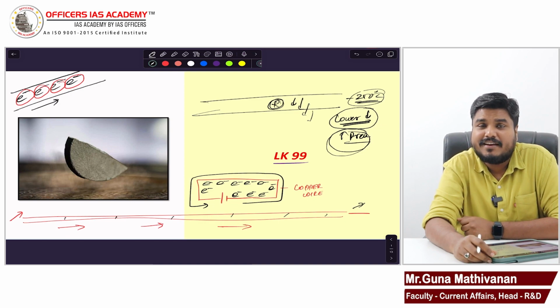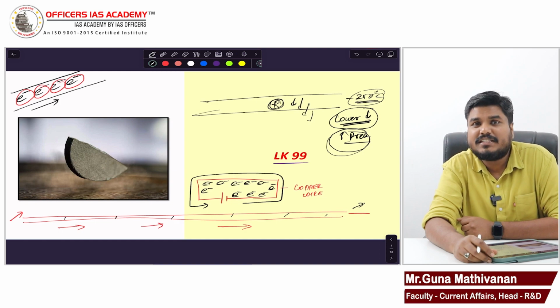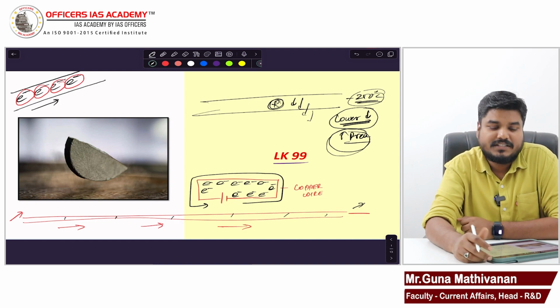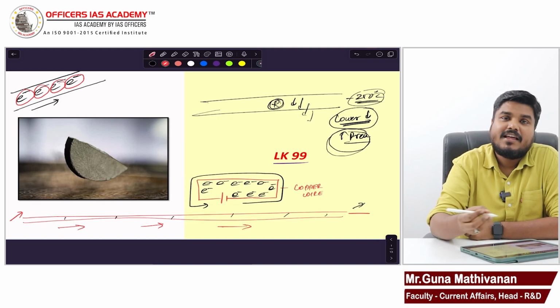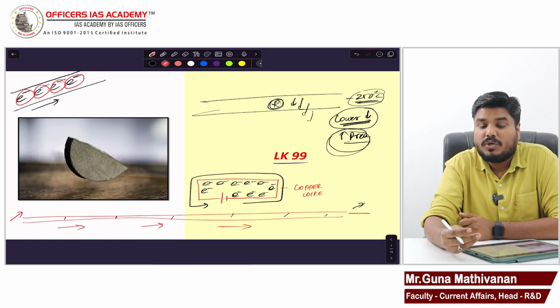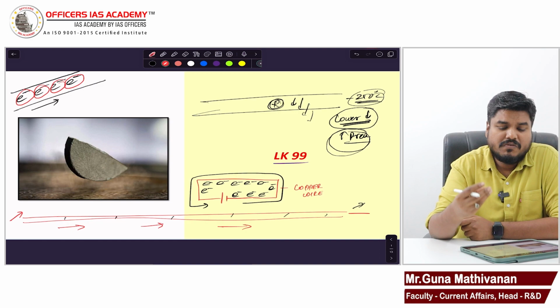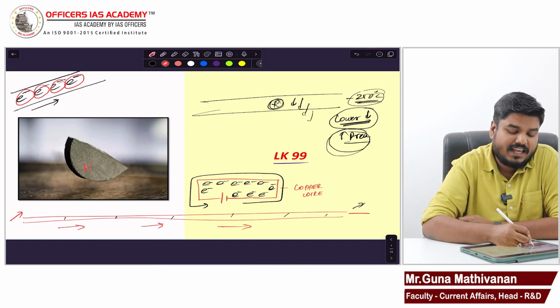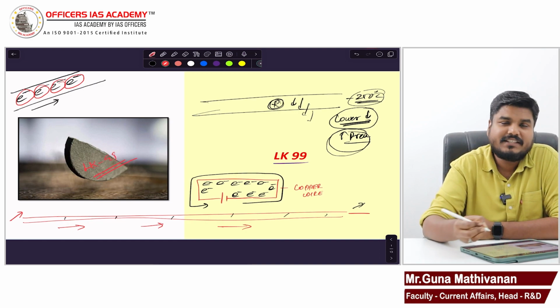But recently, researchers from South Korea, what did they do? They took lead, oxygen, sulfur, phosphorus, and fused all these elements at a very high temperature, and they developed a new material which is called LK99.